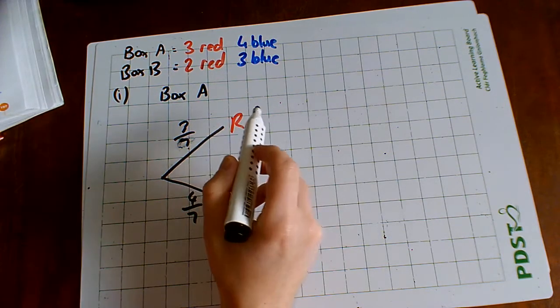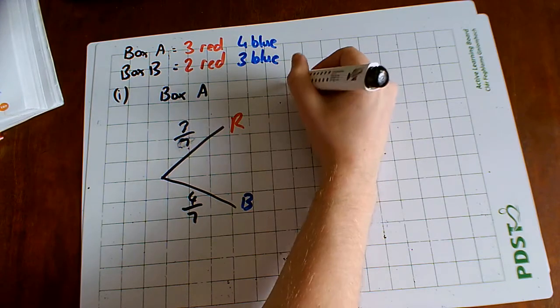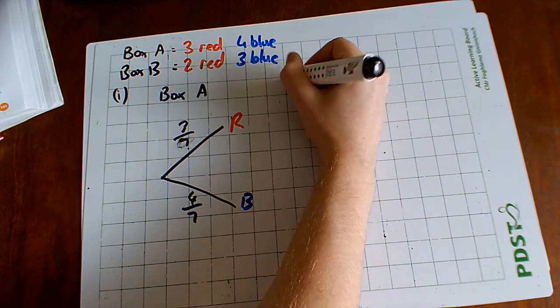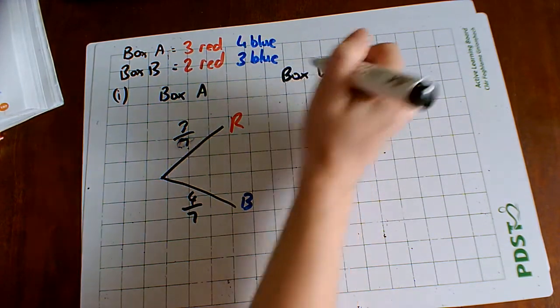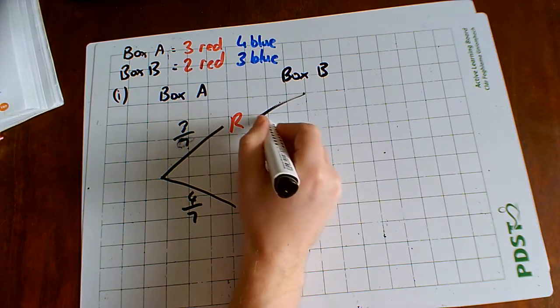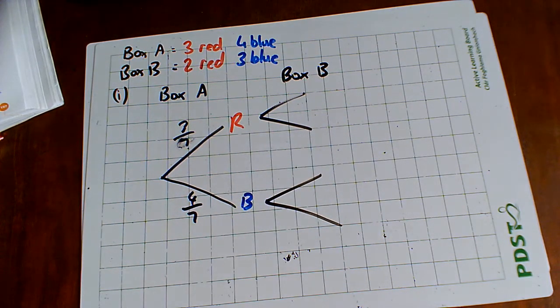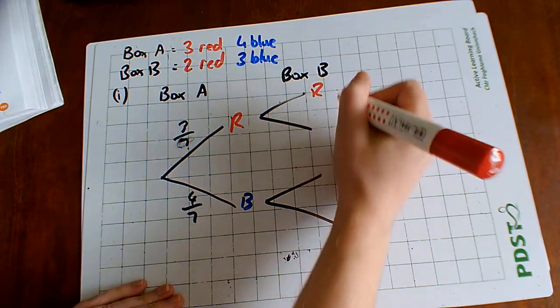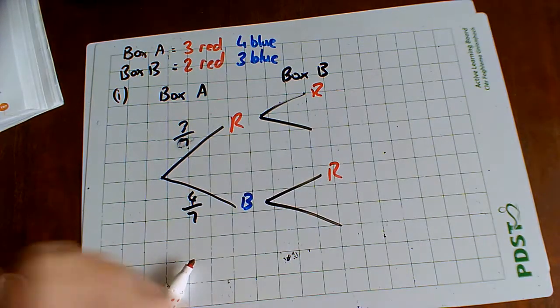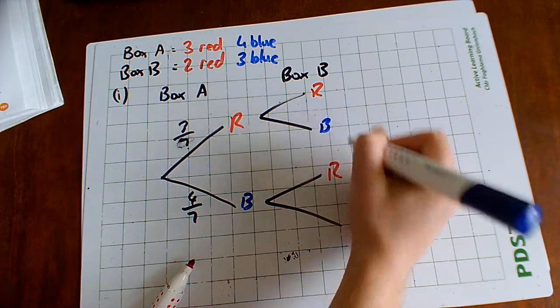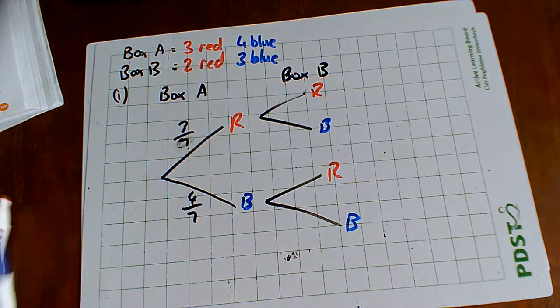Okay, then we move on to box B because that's the second event that's going to happen. So I'm just going to do this, box B, and we draw something like that. In box B there's also red and blue. So red, red, blue, blue.